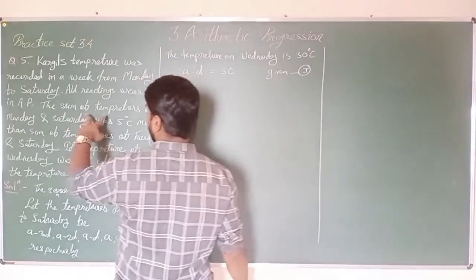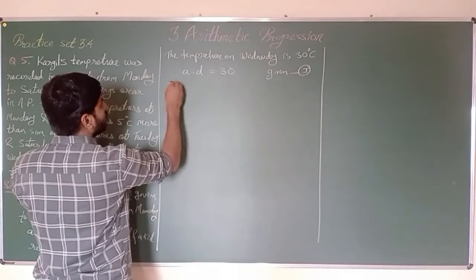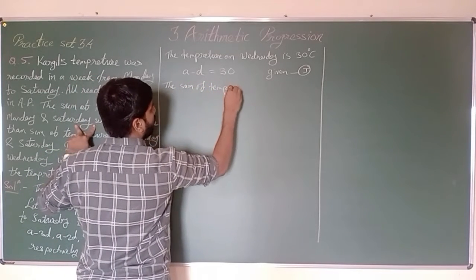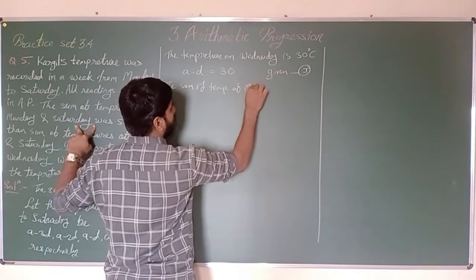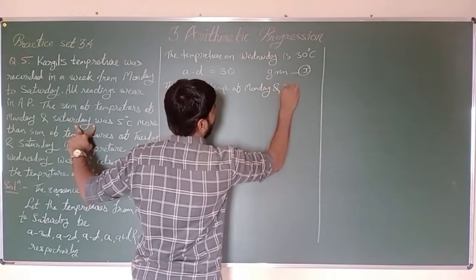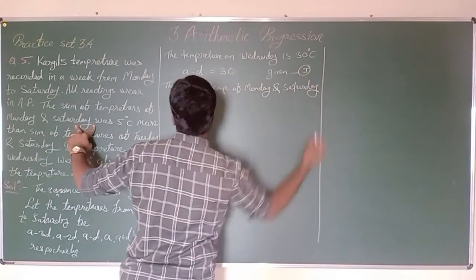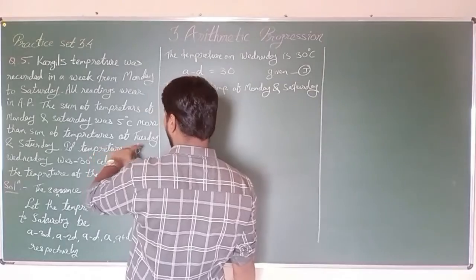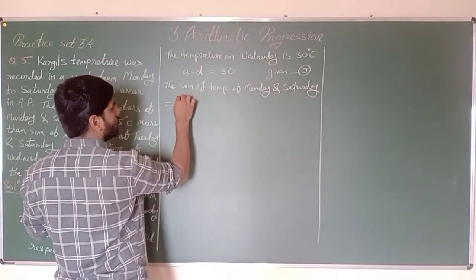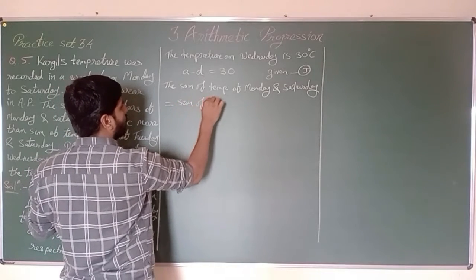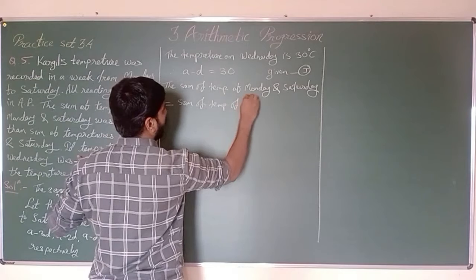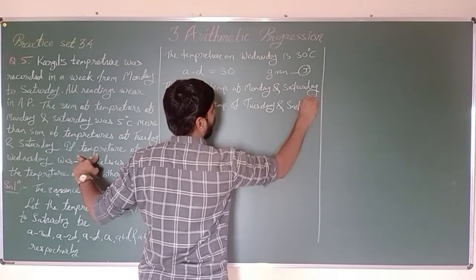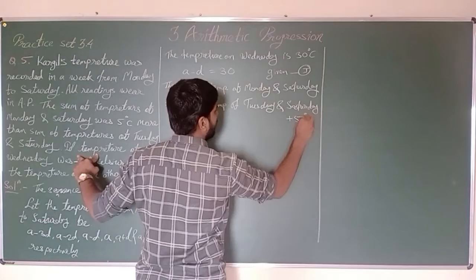Now the sum of temperatures of Monday and Saturday is equal to the sum of temperatures of Tuesday and Saturday plus 5 degrees Celsius.